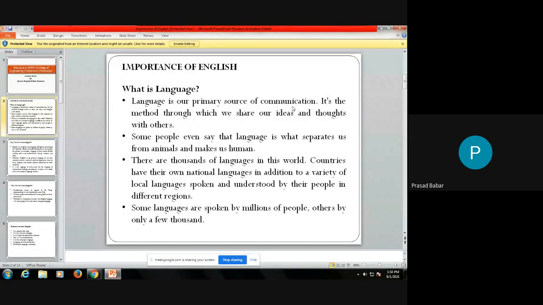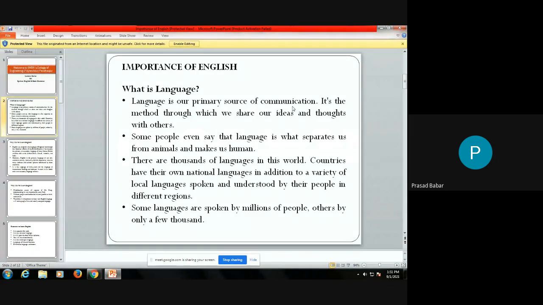If there won't be a language, then how can we communicate with others? We can't communicate without language. That is why language is important, and that is why language is our primary source. Primary म्हणजे खूप महत्वाचा source of communication. Without language we can't communicate.